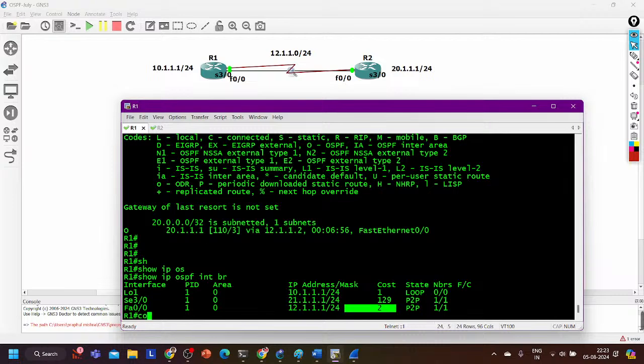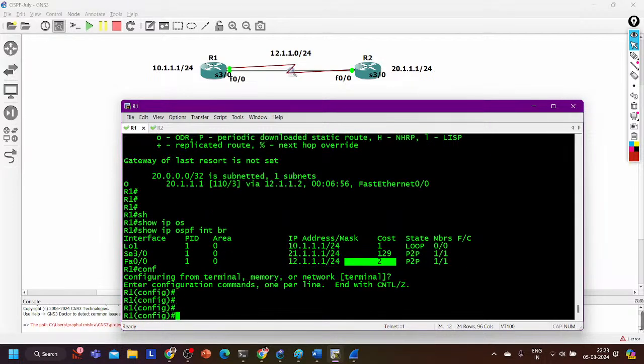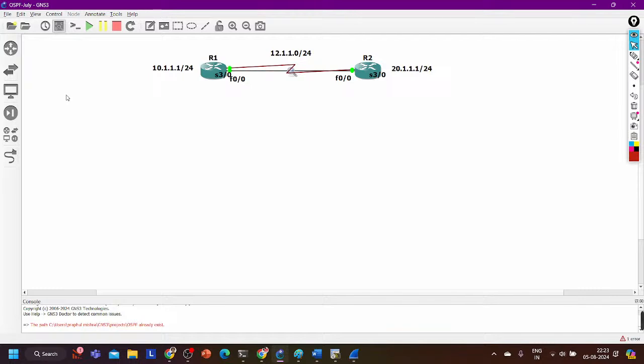Right? So if I am going to configure, let's say, on the serial link, bandwidth 100 Mbps, and on the fast Ethernet link, I am going to configure bandwidth 123456.